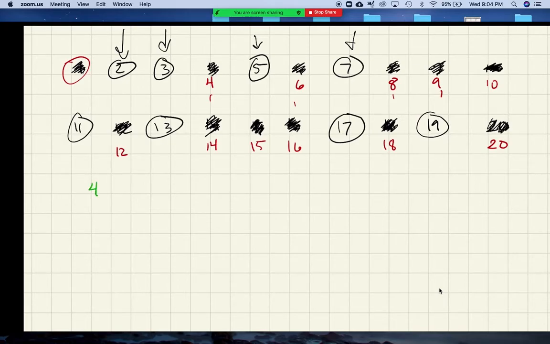Like 4, I can write that as 1 times 4, that's 2 factors. Or I could write 4 as 2 times 2. So 1 times 2 times 2, that's 3 factors.